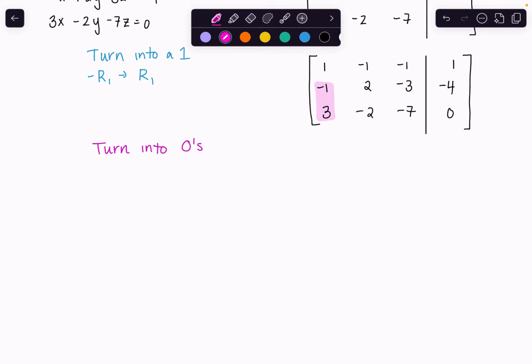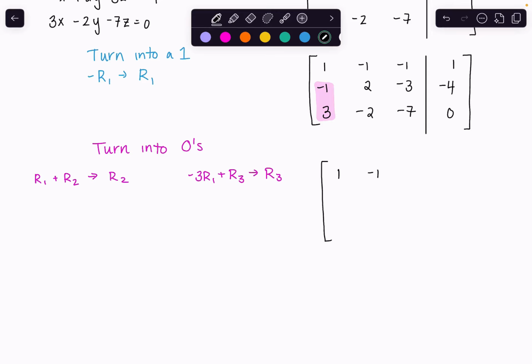So one of my operations is going to be row 1 plus row 2 becomes my new row 2. And then my other operation, I want to get this a 0, so I need to make this a -3. So that would be -3 times row 1 plus row 3 becomes my new row 3.